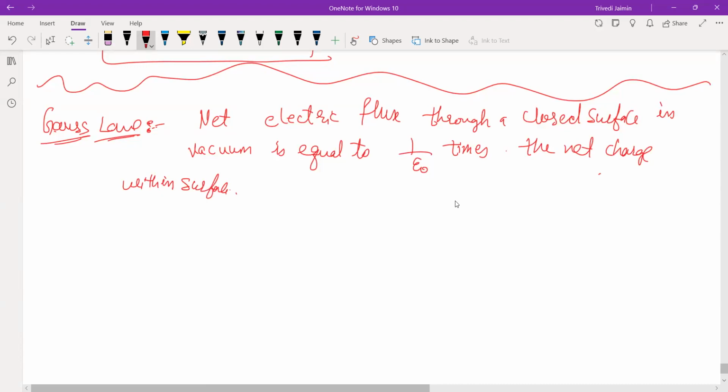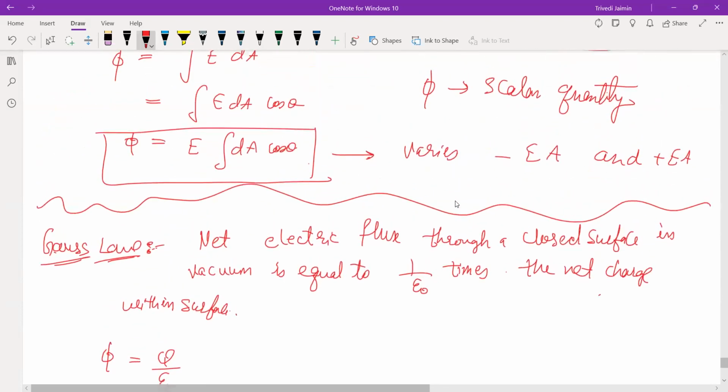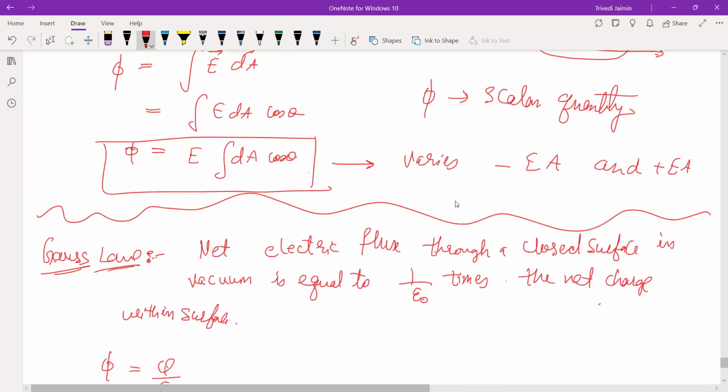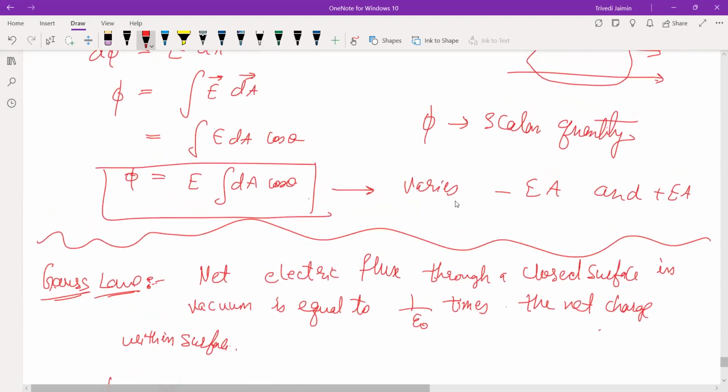That means phi equals to Q by epsilon naught. And even previously we wrote here E dA cos theta, or E dot dA, the dot product.